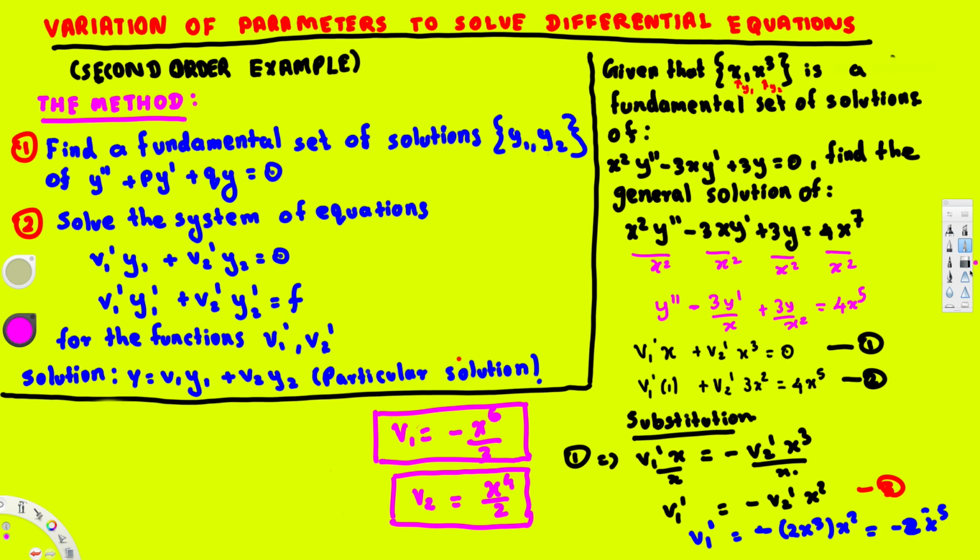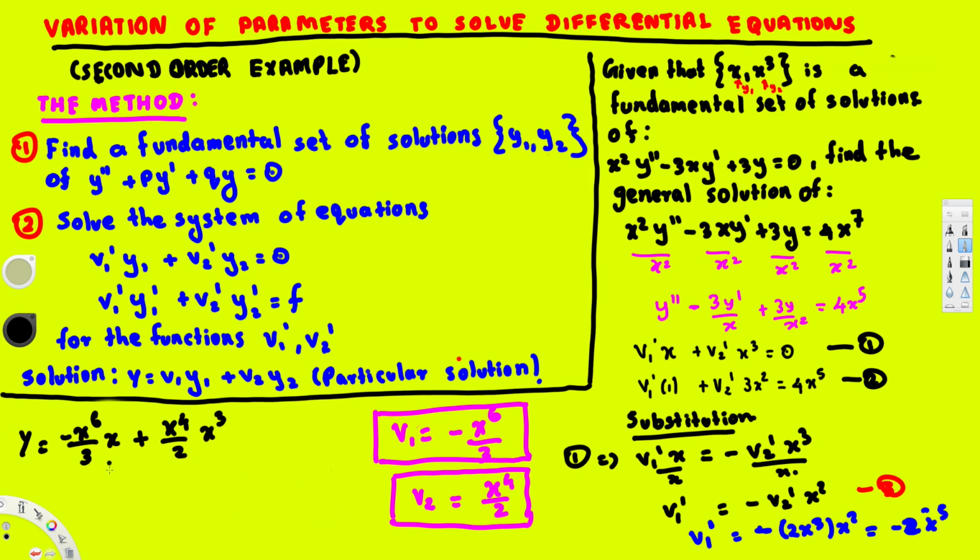Our particular solution for this differential equation is going to be this pattern: y is equal to v1 times y1 plus v2 times y2. So y is equal to v1, which is negative x power 6 divided by 3, times y1, which is x, plus v2, which is x power 4 divided by 2, multiplied by y2, which is x cubed.